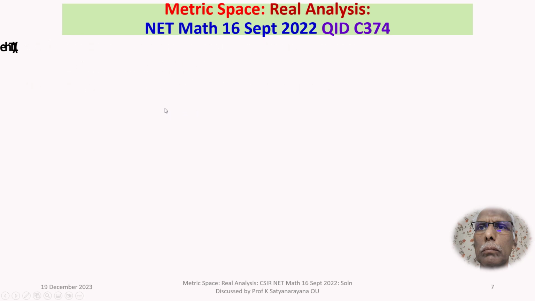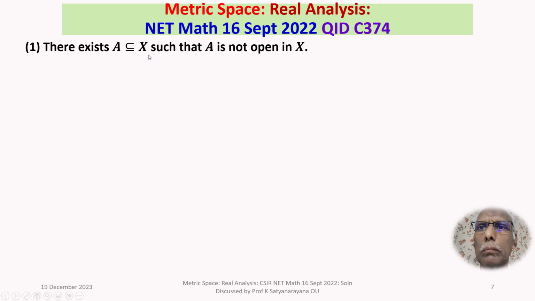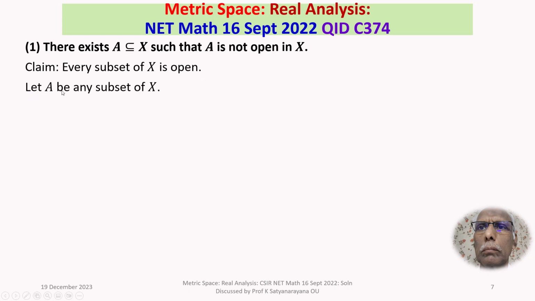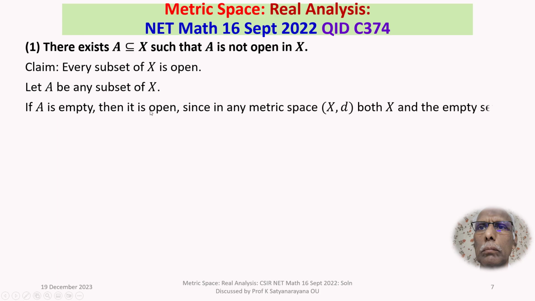We have the option 1. There exists a subset A of X such that A is not open in X. Now we claim that every subset of X is open. And the proof is, let capital A be any subset of X. If A is empty, then it is open.